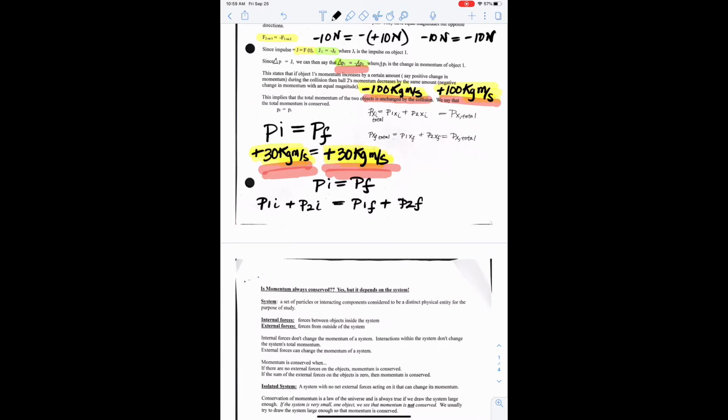So another way of writing that would be M V1 initial plus M V2 initial is equal to M V1 final plus M V2 final. All right.